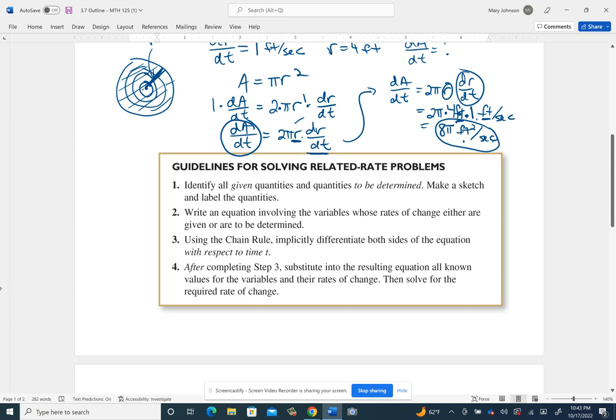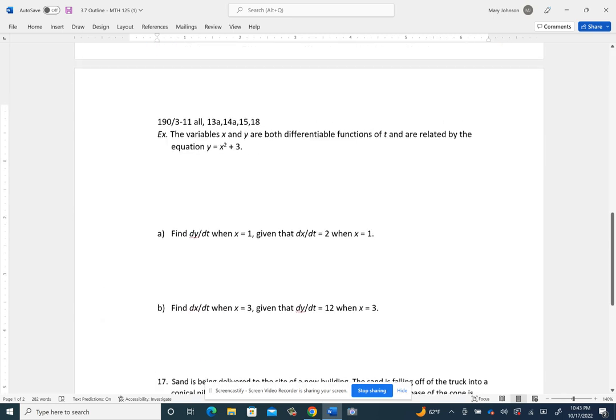We knew this. We knew this. All we needed to find then was dA/dt. So we could use basic algebra to do that. All right, so some of the problems that you're going to be asked to do are like this example. They'll give you an equation that involves, say, y's and x's.